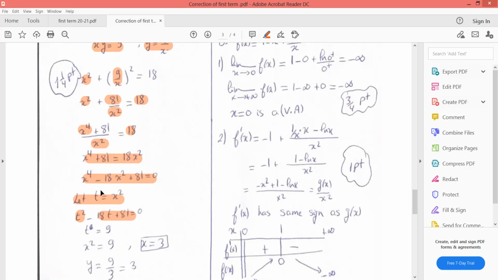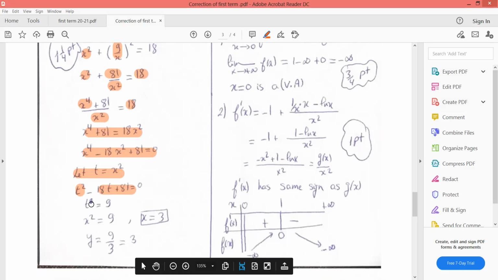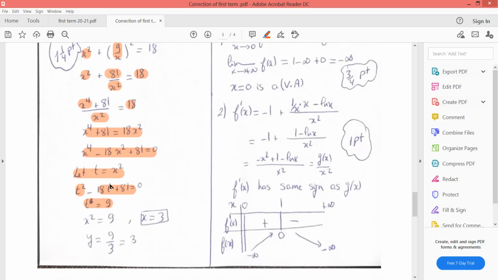Okay, by using the calculator to solve a second degree equation, this equation has only one root because delta equals 0. The calculator will give t = 9, not x. Pay attention. The calculator will give x = 9, but here it is not in x, this equation is in t. So t = 9.